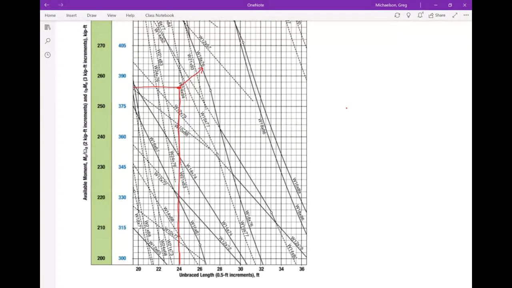Is everybody else able to find that? Again, I'll give everybody a sec to make sure that they're good on this. I don't want this design aid to scare you because it looks nasty, but it's really not.